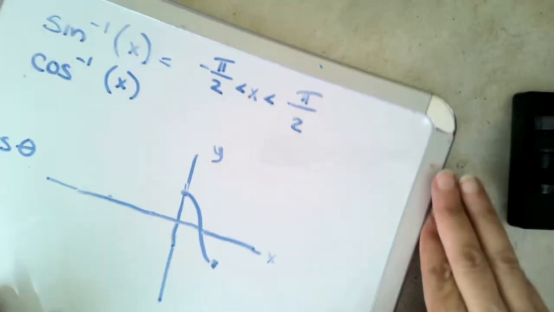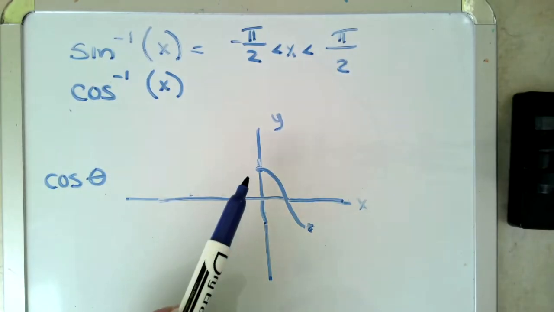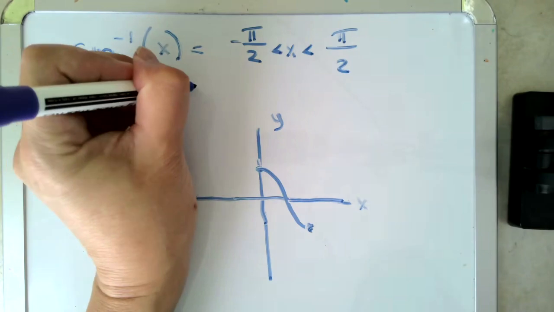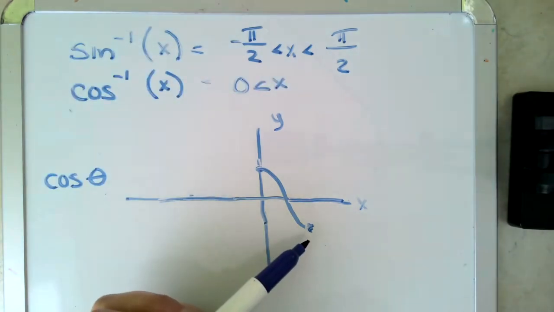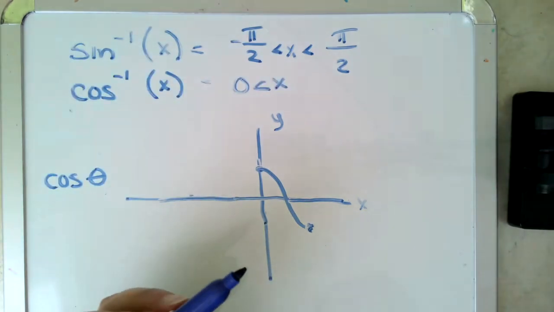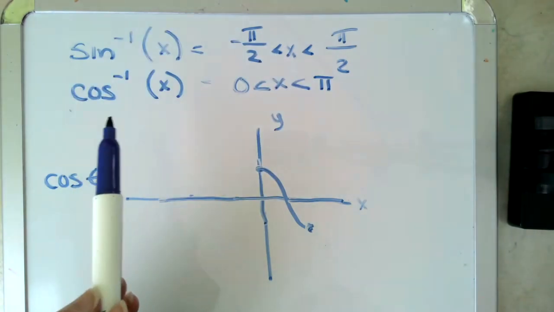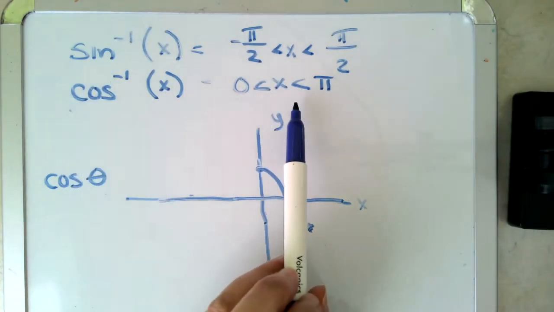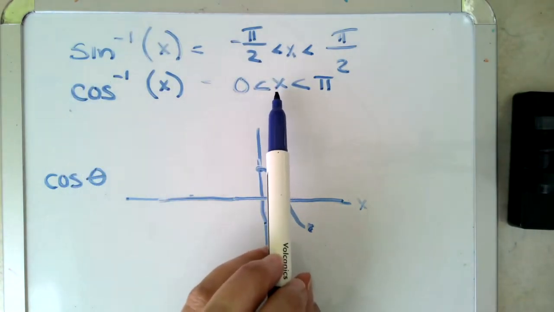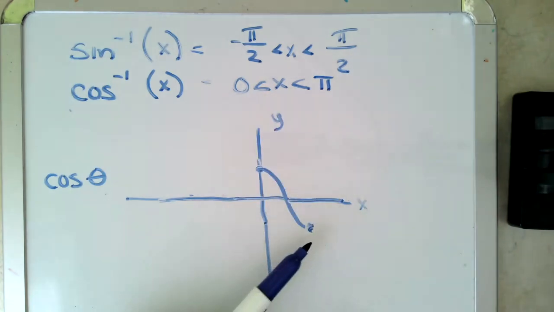When I bring that back around, I know that my initial point, my maximum, starts at 0. And I know I hit my minimum halfway through my cycle, so that's pi or 180. And so the restriction on my inverse cosine is I'm only looking at values between 0 and pi, because other than that, I'm going to fail the vertical line test.